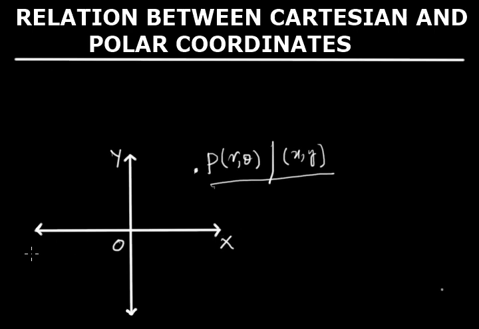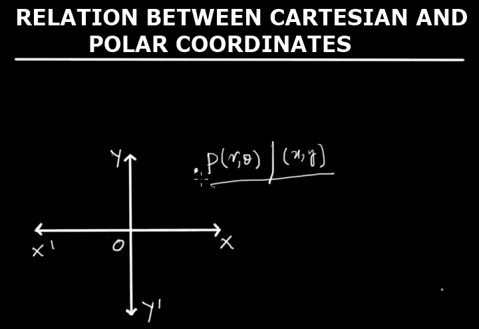For the Cartesian coordinate system, we consider XOX dash and YOY dash as perpendicular axes. O is the origin, and in the polar coordinate system, OX is the initial line, O is the fixed point.